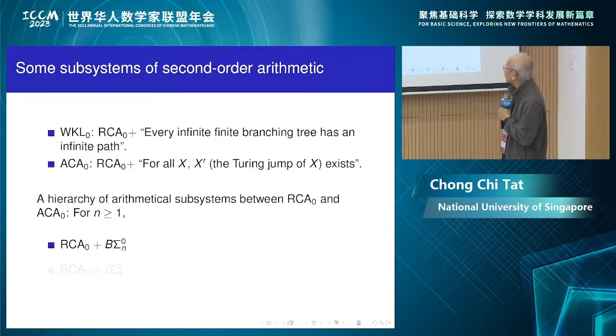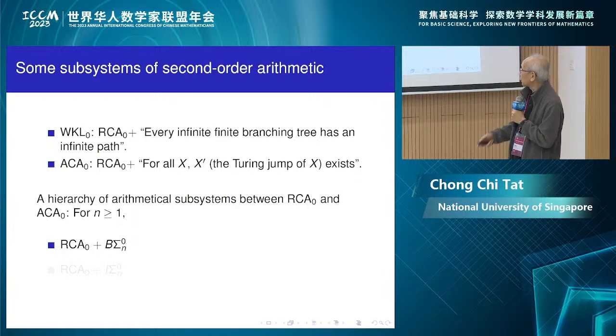And then we have a hierarchy of what I call the arithmetical subsystems. This consists of RCA0, which is the base system, plus additional axioms. For example, RCA0 plus B sigma n, that is, RCA0 plus the assumption that every bounded sigma n set is finite.